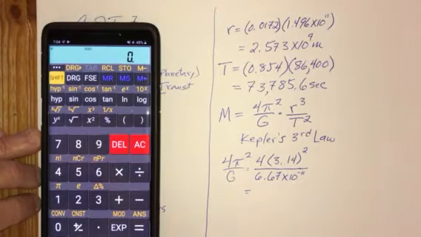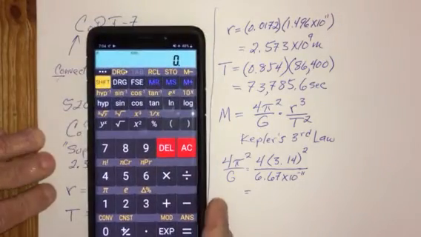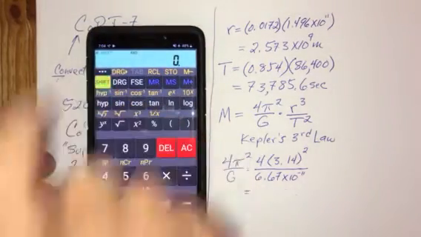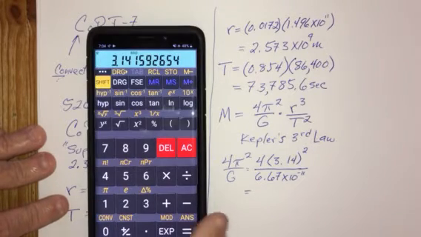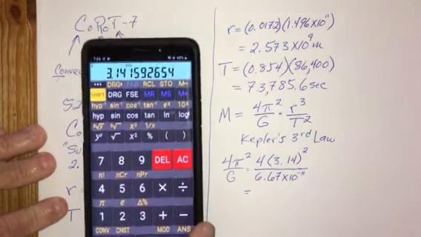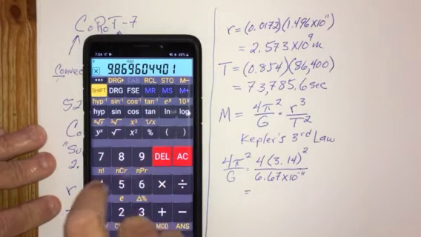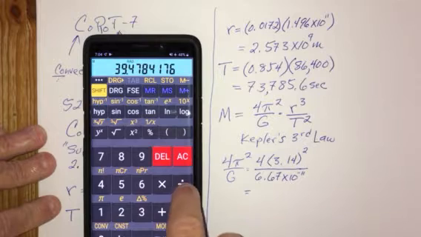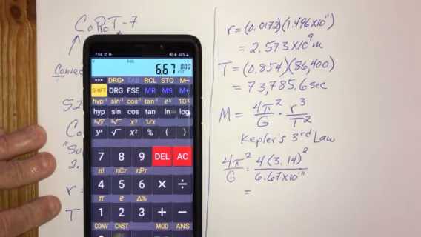So now, when I do the calculation, I'm not going to use this rounded off value for the number pi. I'm going to use the number that the calculator gives me, and I can do that by going shift, and then when I hit the 1 key, it tells me what pi is. So then I'm going to square that, multiply that by 4, and then divide that by 6.67 exp negative 11.